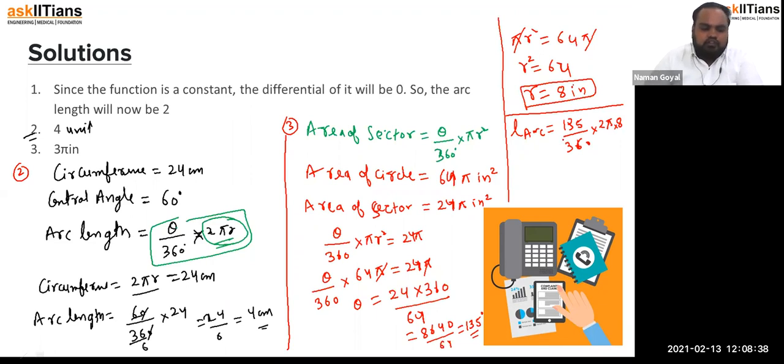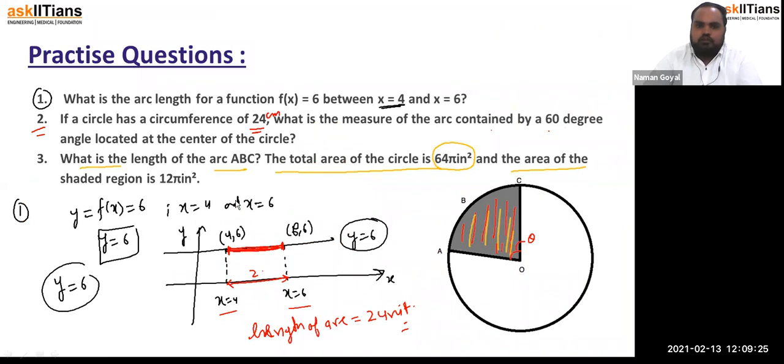If you simplify, the 2s cancel out, and at the end we get 3 pi as the answer. So you get the length of arc ABC.